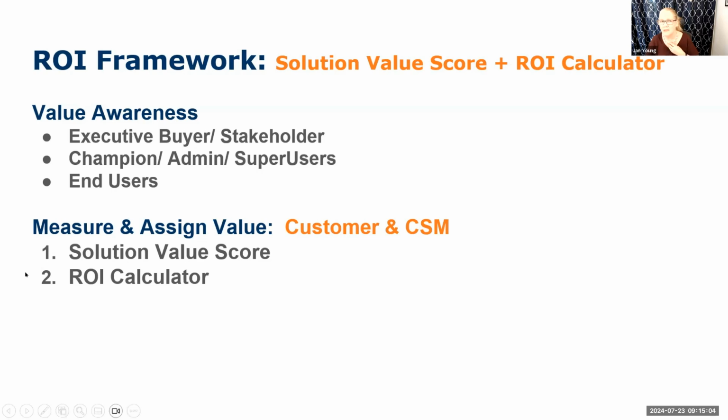So thinking about these things, how would they think about your product? How central is it? And then also, how would they calculate that ROI? Those are the two parts of it.